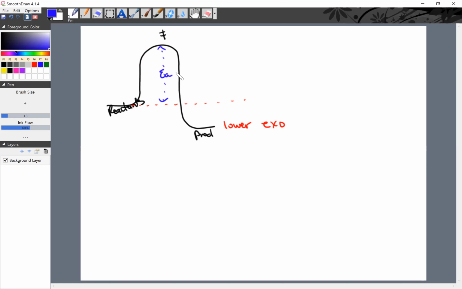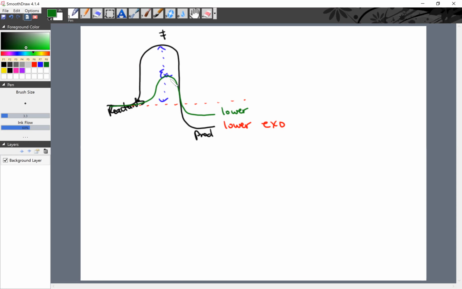Okay, well, let's say this is like a 1,2 versus a 1,4. So let's do a green. Here's my reactants. Interesting. It is still lower, but it is not as low or as favorable as the original products.